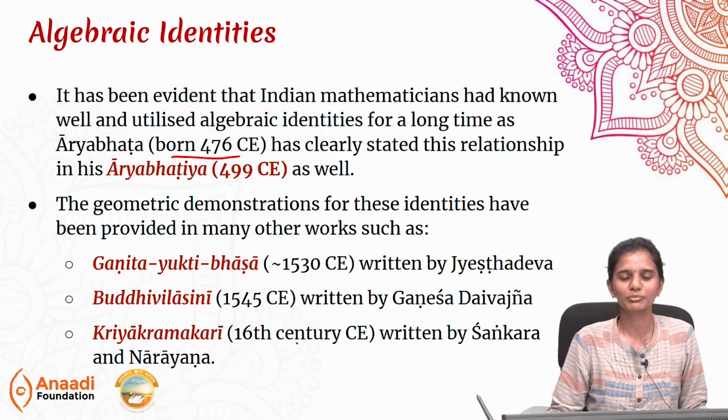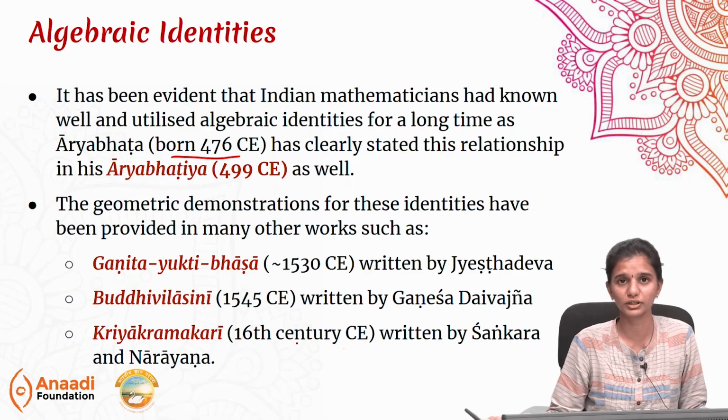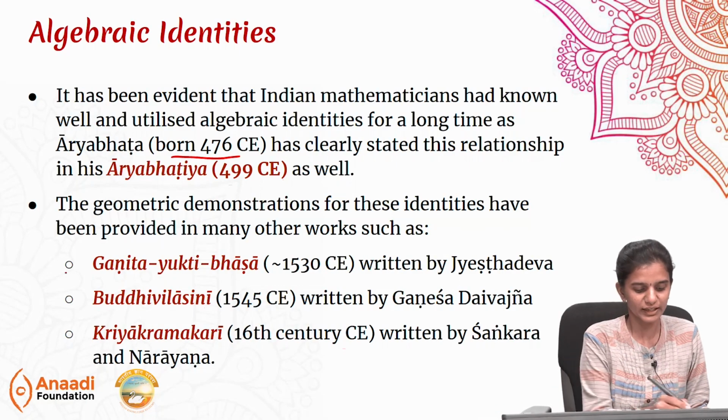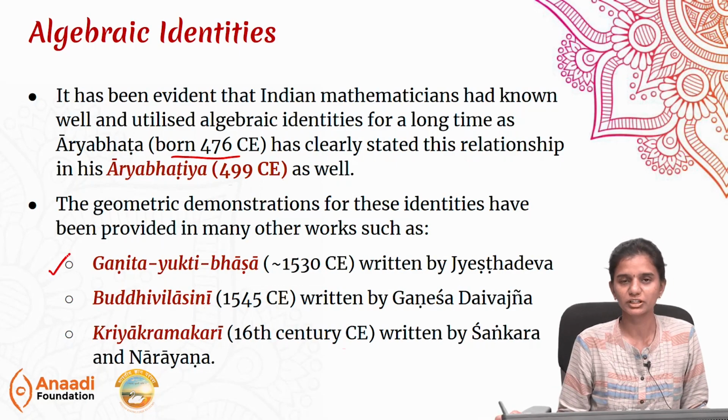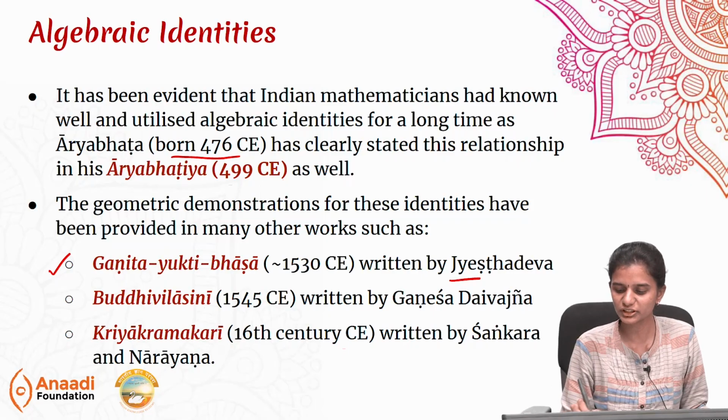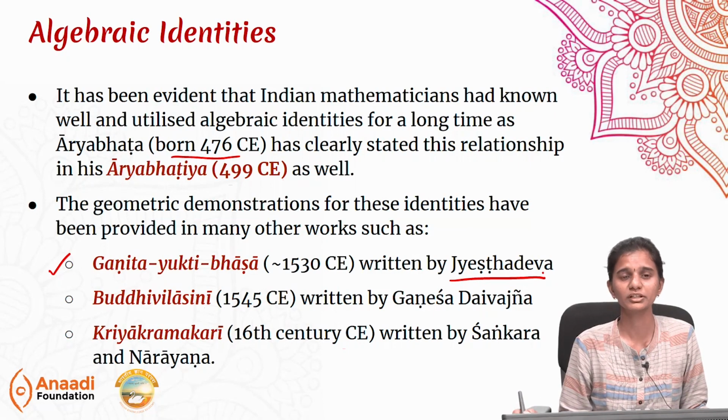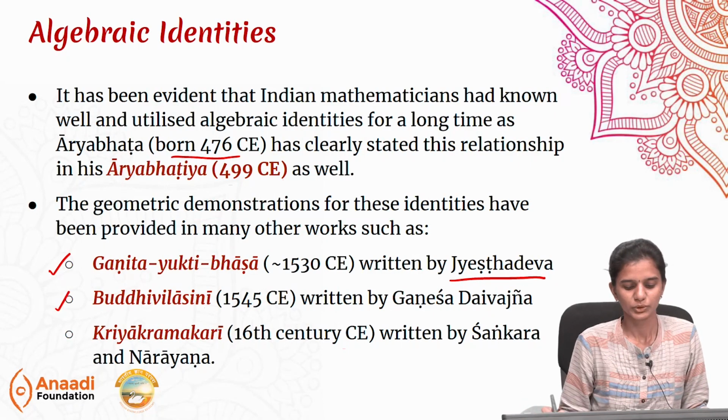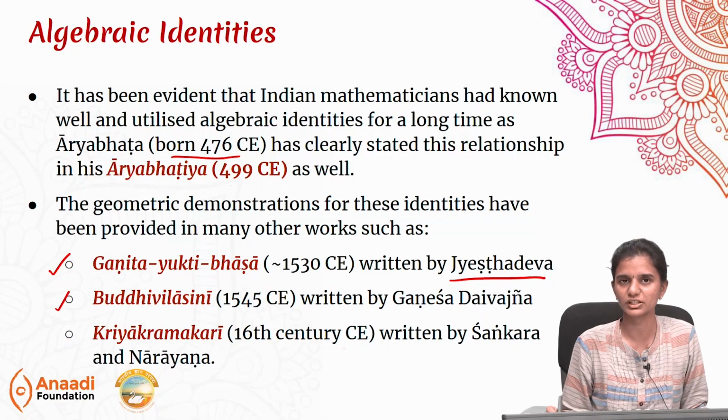The geometric demonstrations for these identities have been given in many other works, such as Ganita Yukti Bhasha, written approximately in 1530 CE by Jyeshtha. Then Buddhi Vilasini, written in 1545 CE by Ganesha Daivagnya. If you remember, we saw a few of the demonstrations of Ganesha Daivagnya in the previous session.